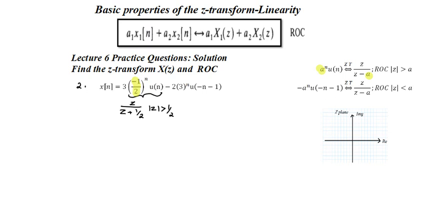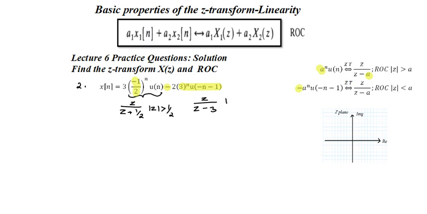The second portion is this, minus a raised to n into u of minus n minus 1. So we need to group this minus also. I can write the Z transform of this portion without considering the 2, and it becomes Z by Z minus 3.